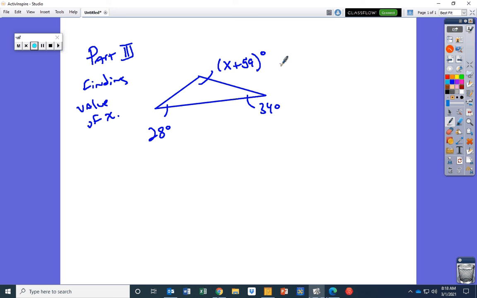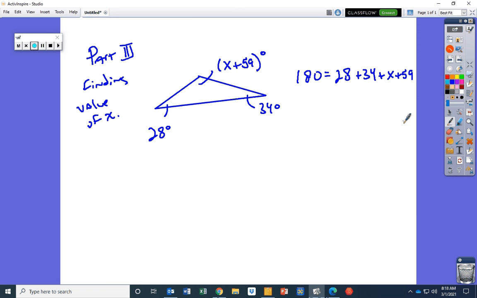Okay? It doesn't change anything that these three angle measures have to equal 180. So I'm going to write my equation: 180 equals, and then I'm going to plug in what I know, which is 28 plus 34 plus X plus 59.